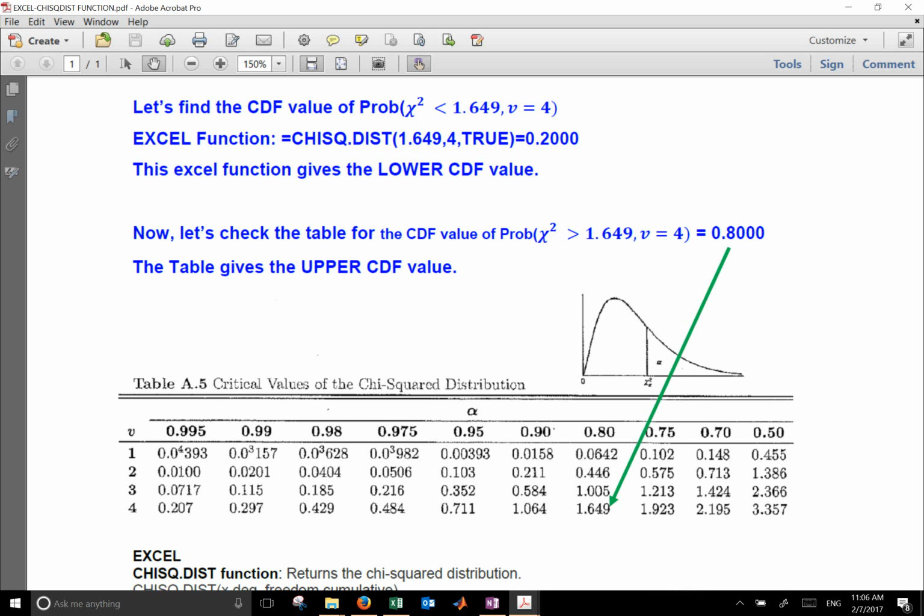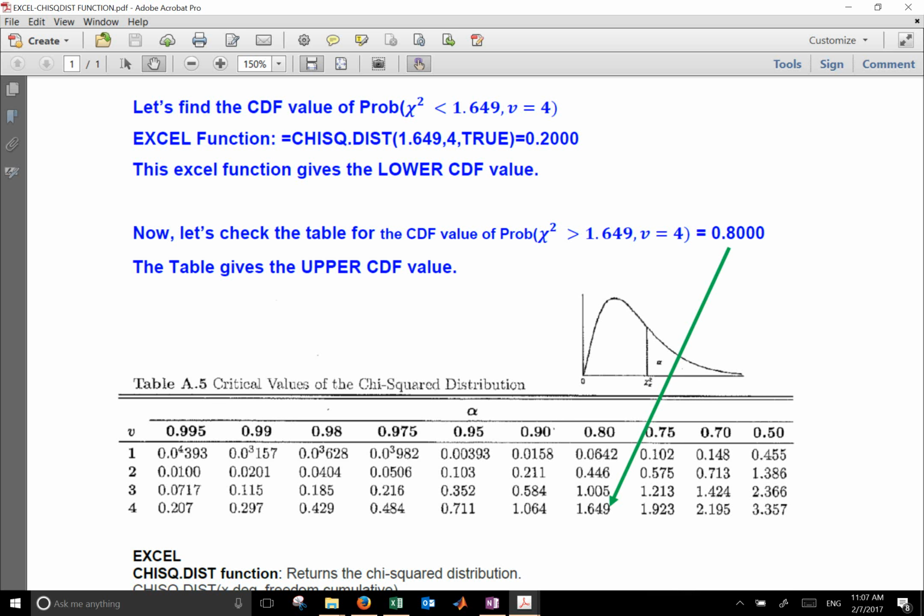Why is it 0.8? Yeah, this one is upper CDF. This is my location, and this is my probability, alpha.